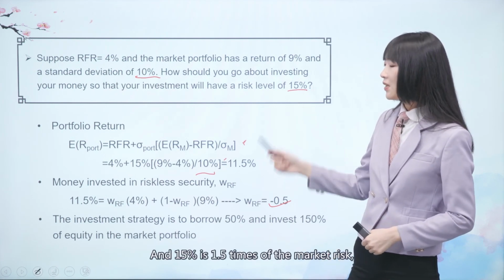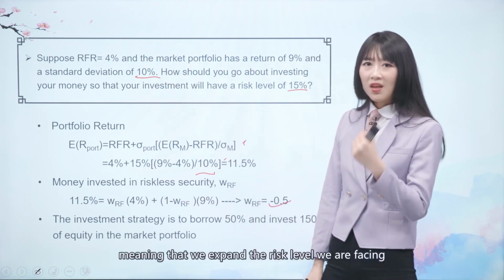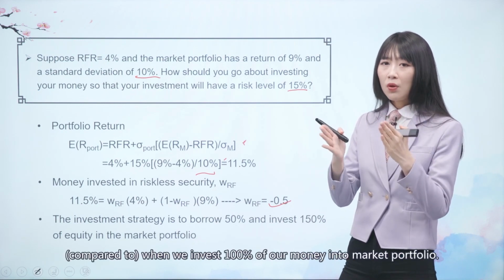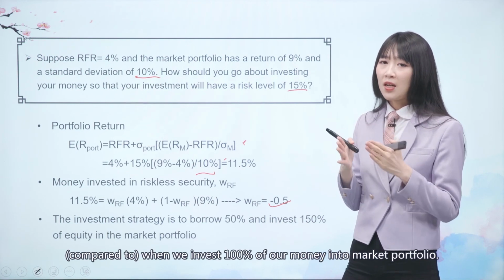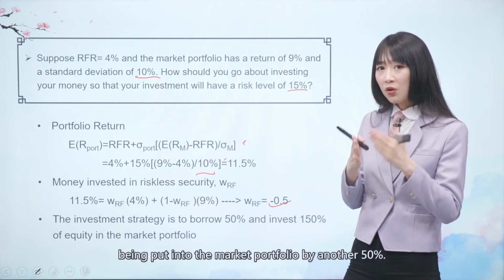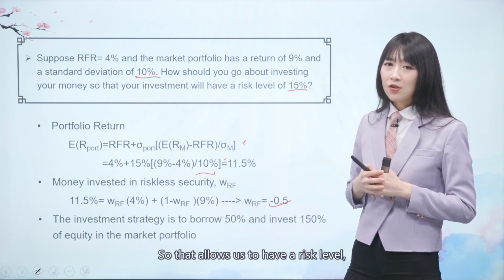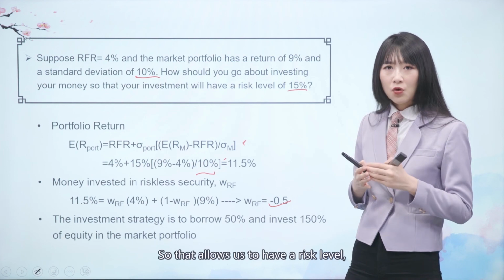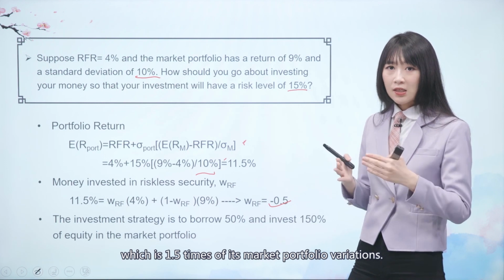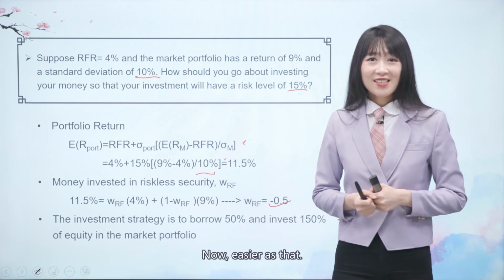And 15% is 1.5 times the market risk, meaning that we expand the risk level we are facing when we invest 100% of our money into the market portfolio. So we open up our portfolio weight in the market portfolio by another 50%. That allows us to have a risk level which is 1.5 times the market portfolio's variation. Easy as that.